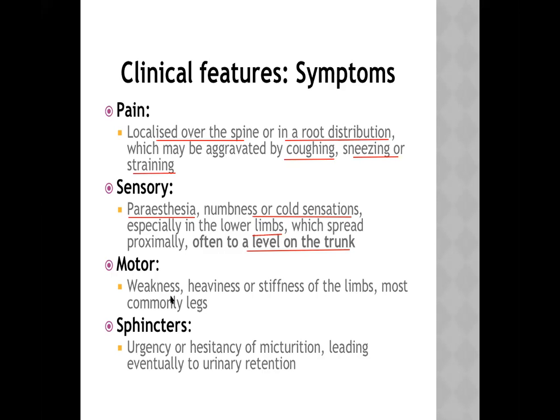Regarding the motor side, the person may complain about weakness of the limb, heaviness or stiffness of the limb, and most commonly the legs are affected because usually the thoracolumbar part of the spinal cord is mainly damaged. So legs are mainly affected in spinal cord problems, and we call that paraparesis or paraplegia.